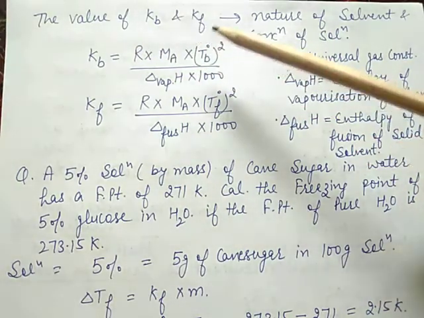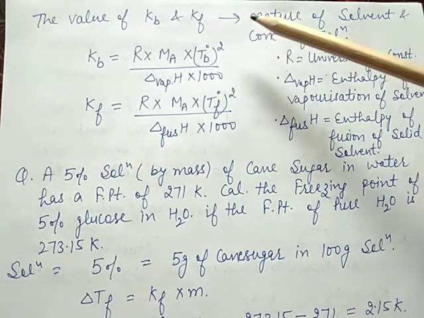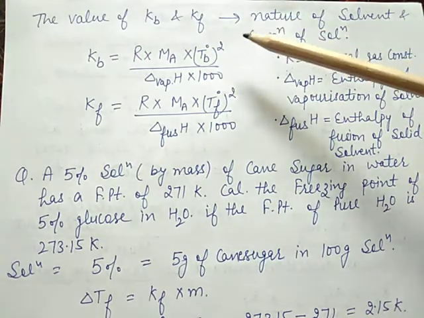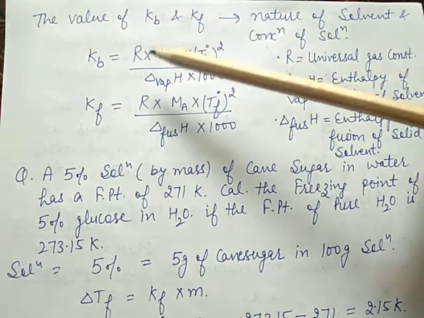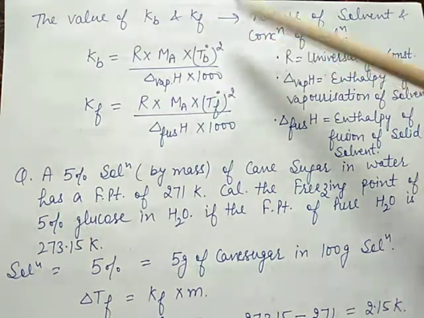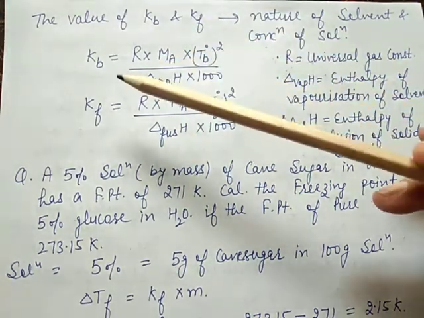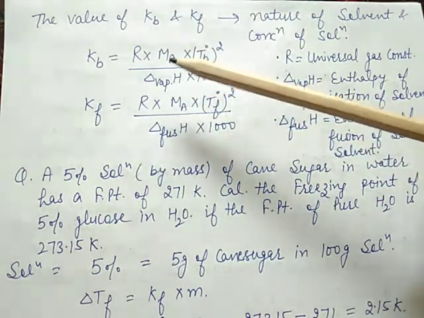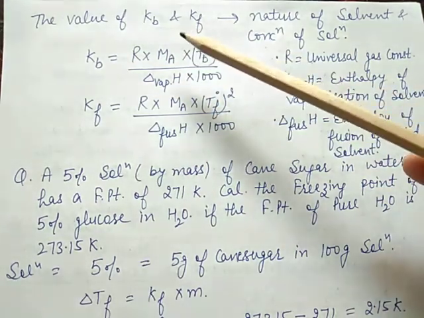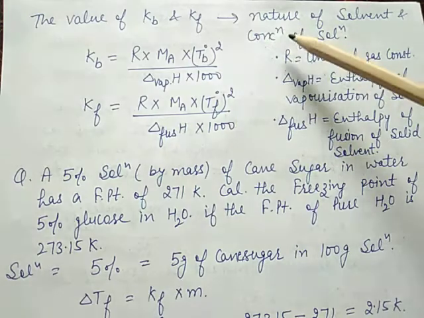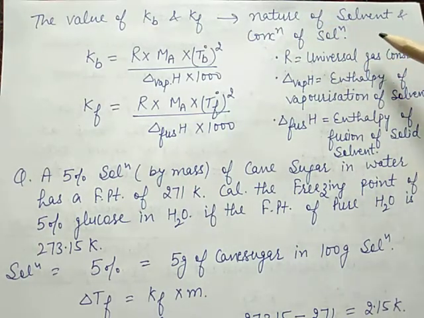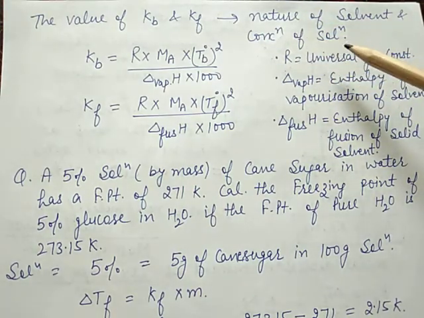If the Kb and Kf values are not given, this is a rare case, then we can easily find them by this formula, because Kf and Kb depend on the nature of the solvent and the concentration of the solution.